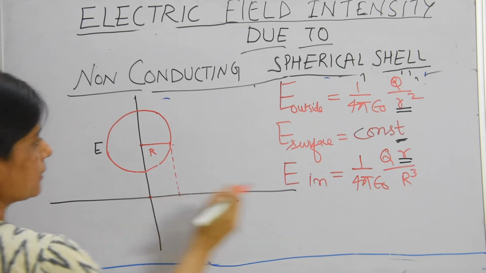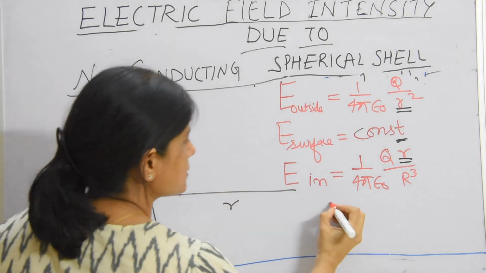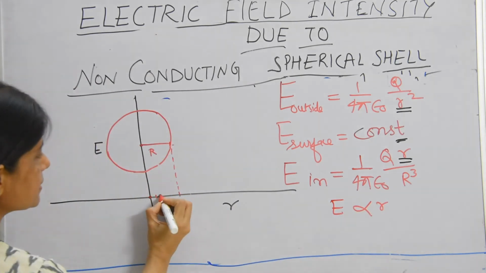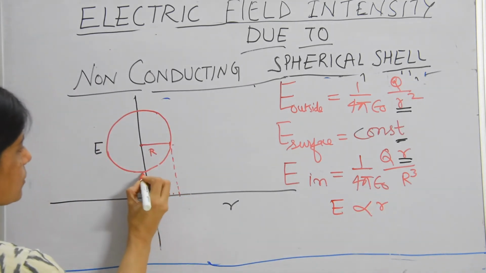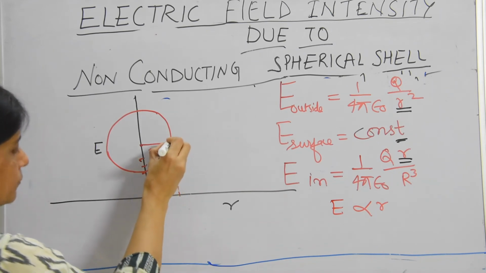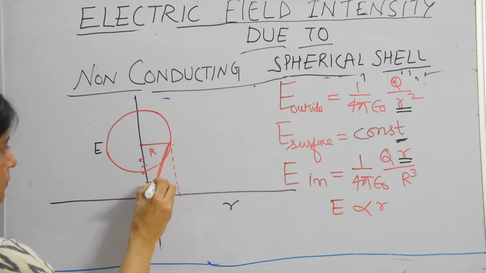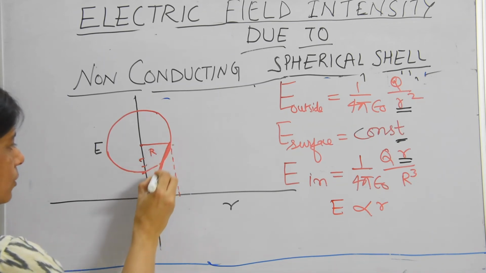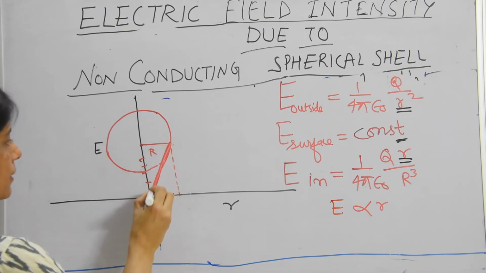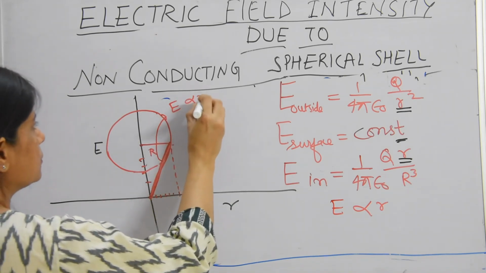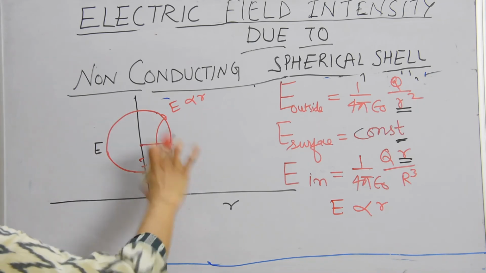E inside is directly proportional to r. If we increase the distance, E will also increase. So the graph would be like this, just like Ohm's law. Here E is directly proportional to r. The graph is a straight line.